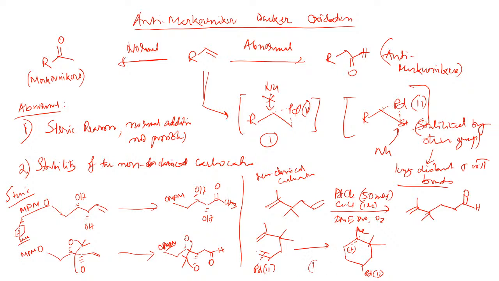So this is the non-classical carbocation, because you can see this double bond is quite far from this carbocation. So you get this, and after addition, water will attack here.